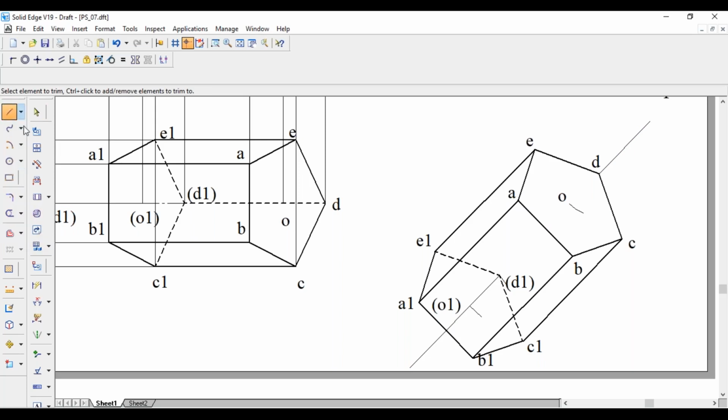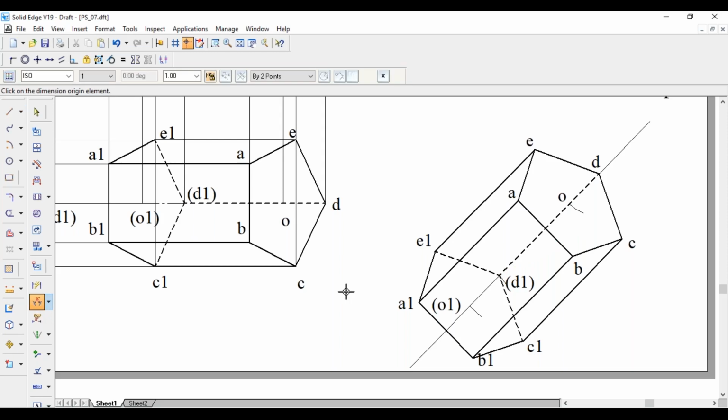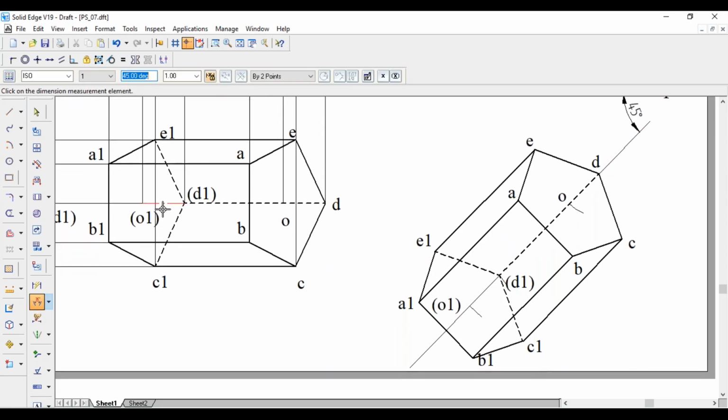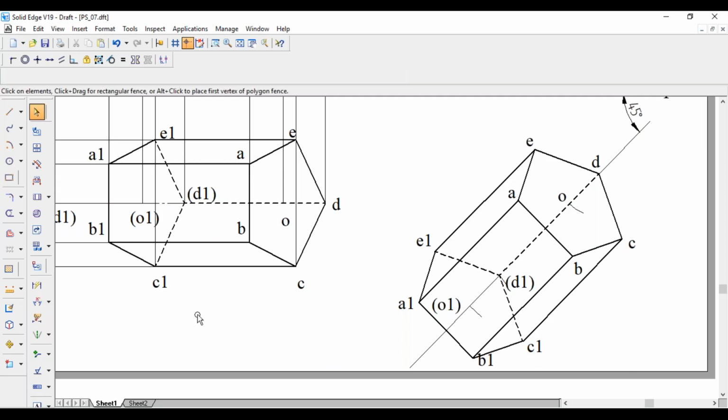D1 will be with the help of dotted line. We have to show D to D1 dotted line. And whereas D1 to O1, it is the axis line. D1 to O1, it is an axis line.